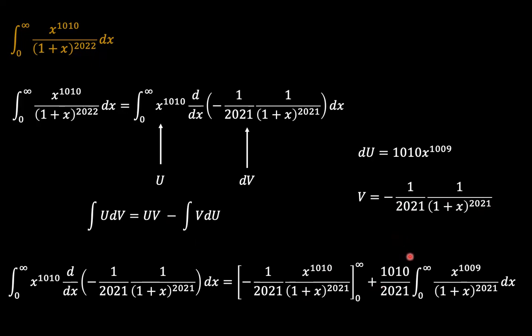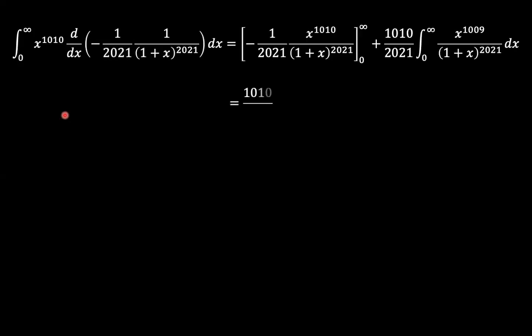And since we're differentiating u, du now is 1010 times x to the power 1009. And then since v has this denominator 2021 and also (1 plus x) to the power 2021, we have this derivative, which is pretty much similar to what we have here. So what this is telling us is we do have a recursive problem here.